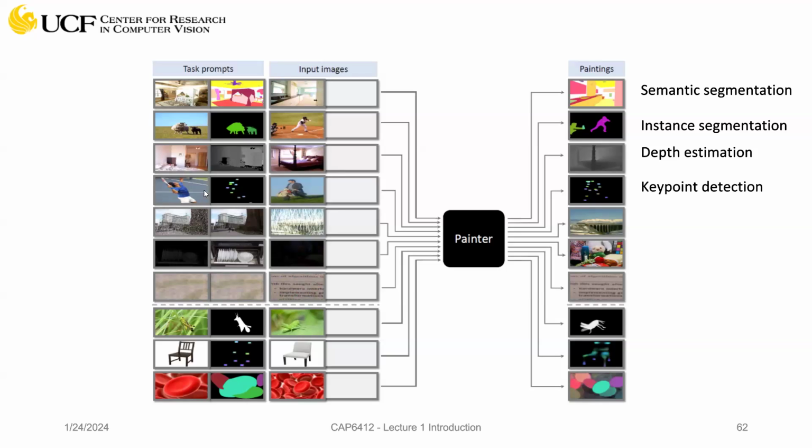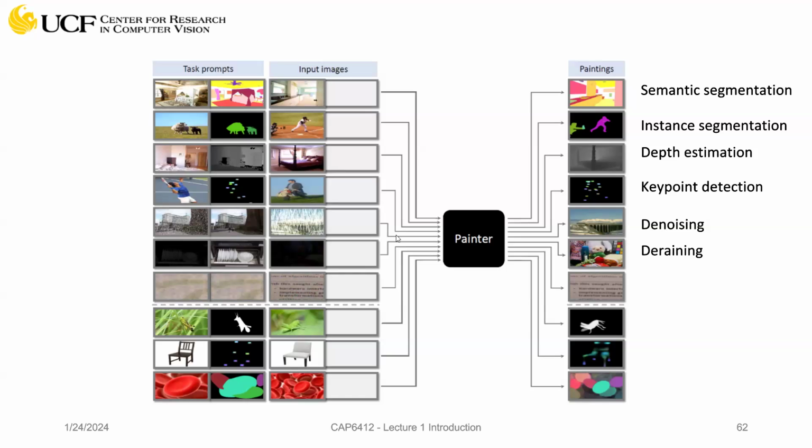This image has keypoint joint angles, and we want to get the keypoints for this one. Then we have denoising. This image is not that clear, so we denoise it. Similarly, we give this image and get a much better image. And this one is removing rain and that kind of thing.